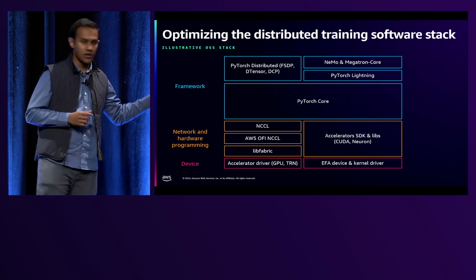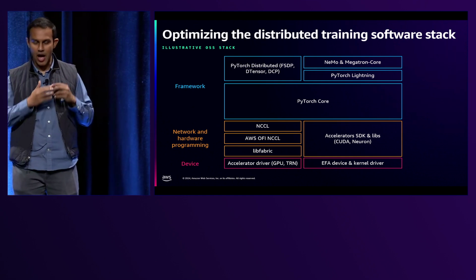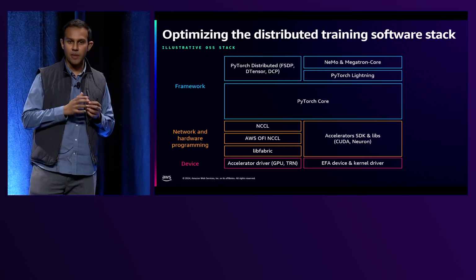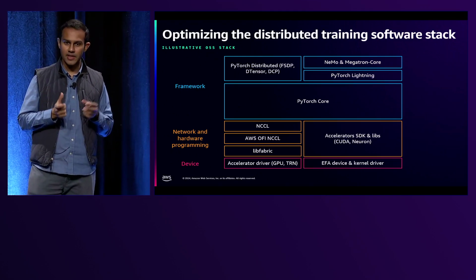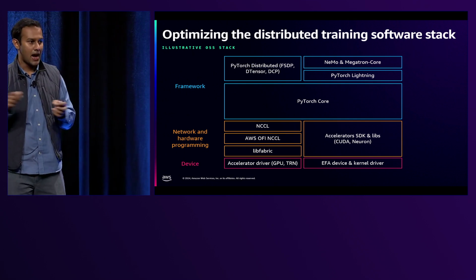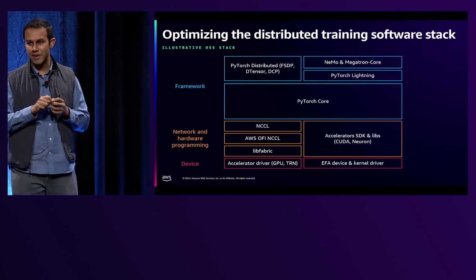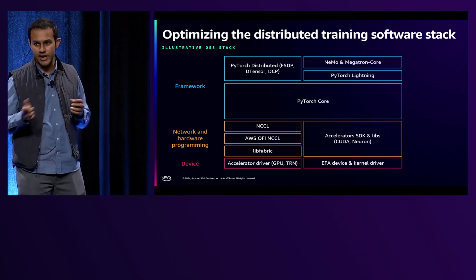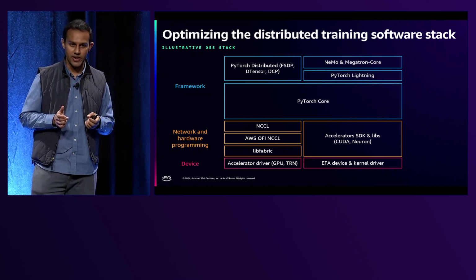Along with the device, you've got the device's kernel drivers. Above it are things like NCCL, which is the NVIDIA CUDA communication layer. And the idea is that all of these devices need to be wired together, ideally on the same rack and the same spine, and you need efficient communication across these devices as they exchange information about the current model training state.